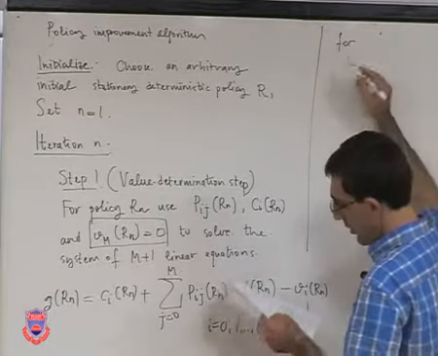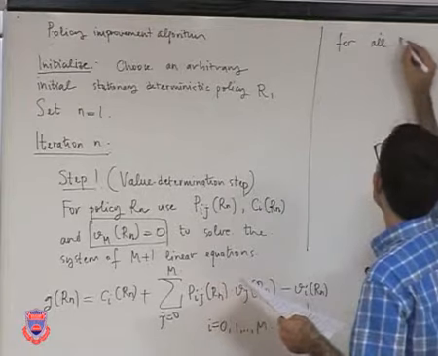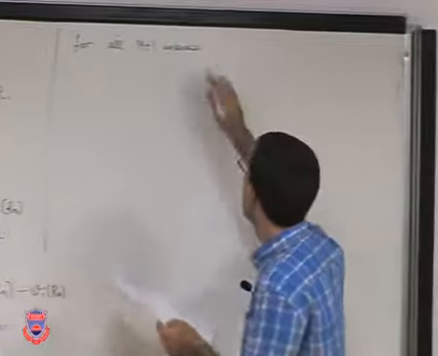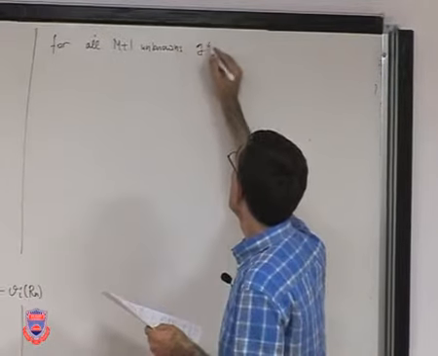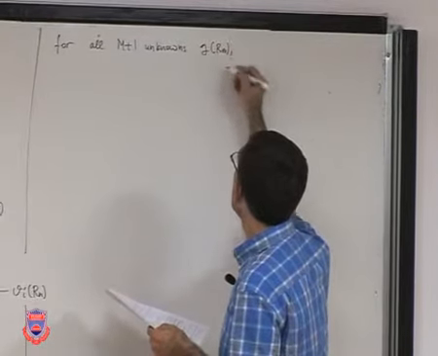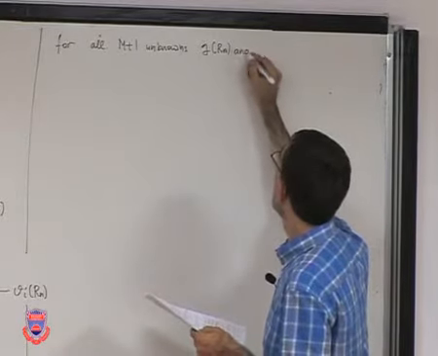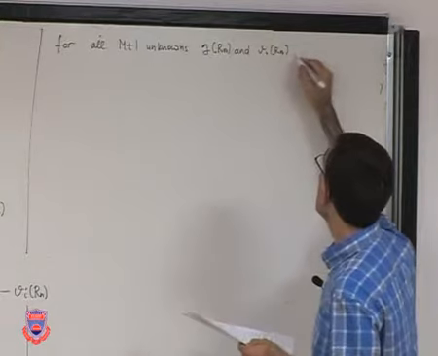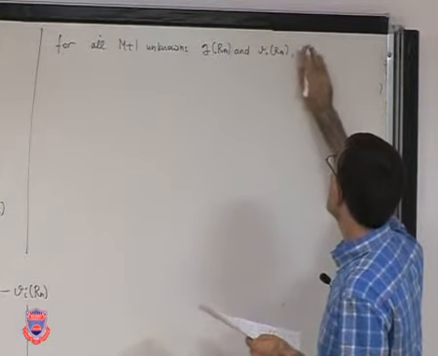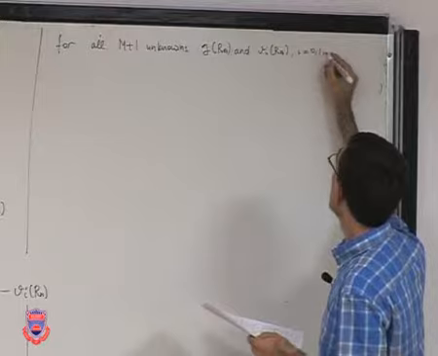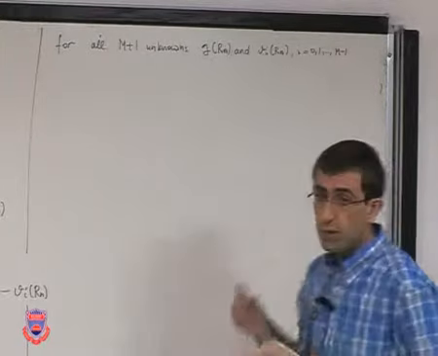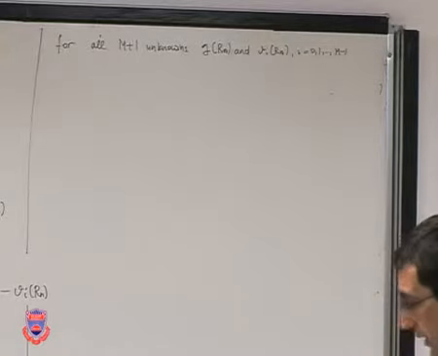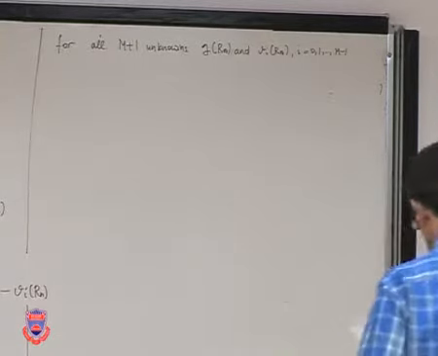for all n plus 1 unknowns, which are g of Rn and the relative value of state i under policy Rn for each i between 0 and m minus 1, because we arbitrarily set the relative value of the last state to 0.